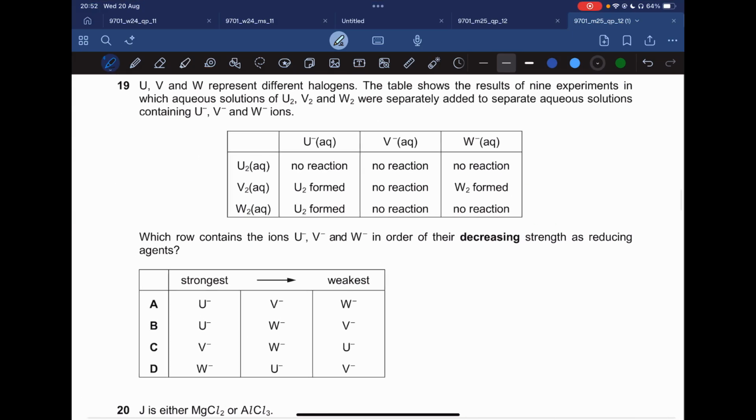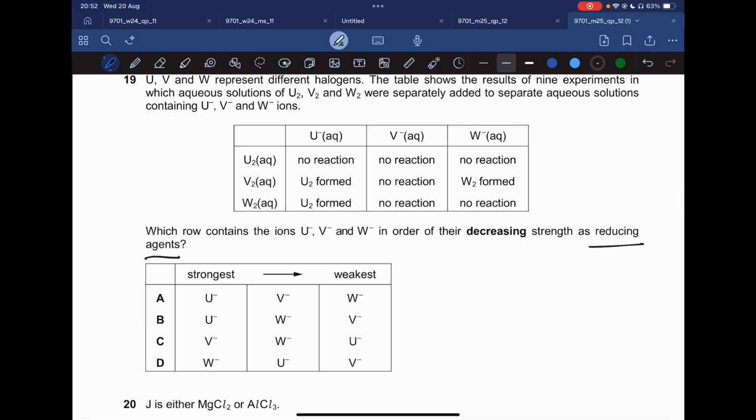Alright, here. They give you a bunch of different halogens, and they have 9 experiments in which aqueous solutions of U2, V2, W2 are separately added to separate aqueous solutions containing those ions, which are described in order of their decreasing strength as reducing agents.